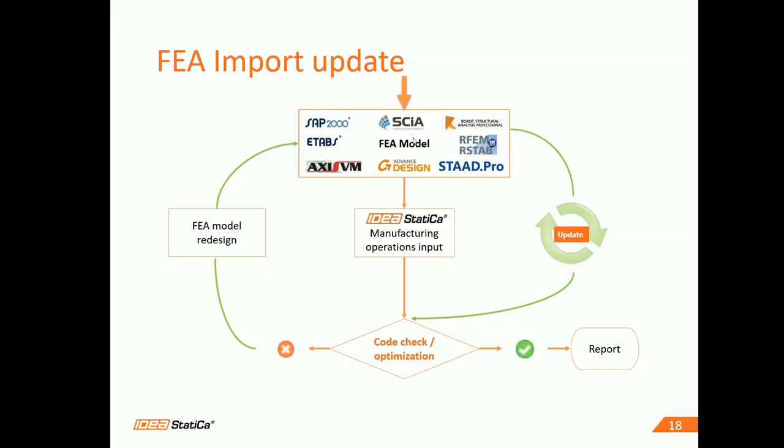With the new update function, he can redesign the finite element analysis model, click on update, and skip all previously generated steps to perform the code check again without inputting any other manufacturing operations again manually. This improvement saves your precious time.